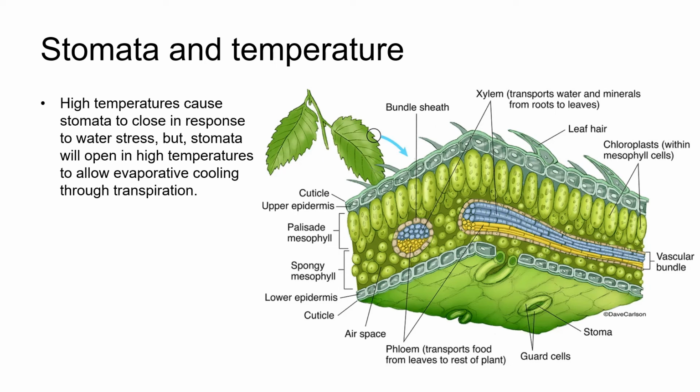Young seedlings and new growth on cuttings are particularly vulnerable to heat damage as they don't yet have a fully developed cuticle, so they have very little protection. Even mature plants that are moved from a more shaded environment to a hot, sunny environment are very vulnerable to heat damage. When temperatures are particularly high, the plant's response is for the stomata to open again to allow evaporative cooling to take place through transpiration.